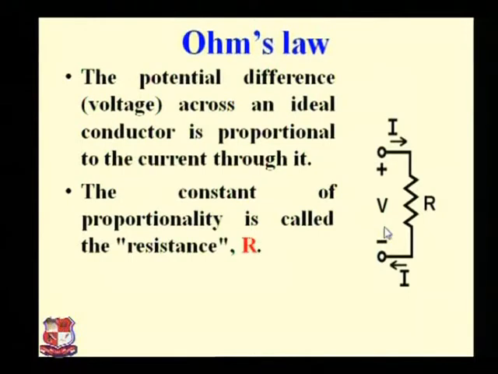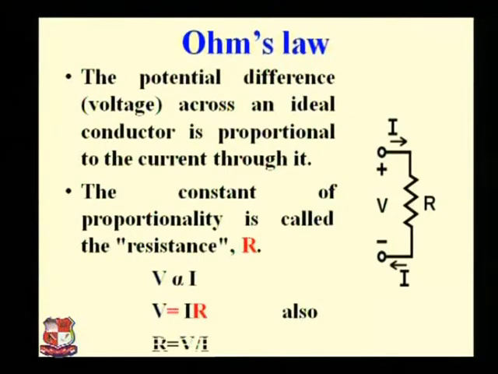In mathematical form, we can denote V is directly proportional to current I. If we remove the proportionality constant, we get V equal to IR, where R is known as resistance.